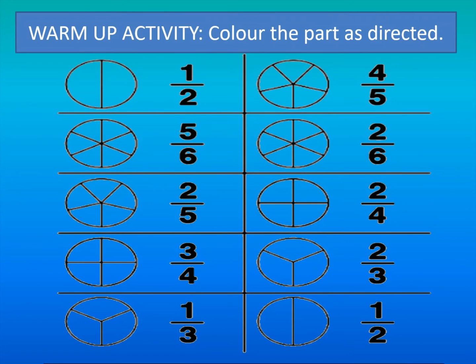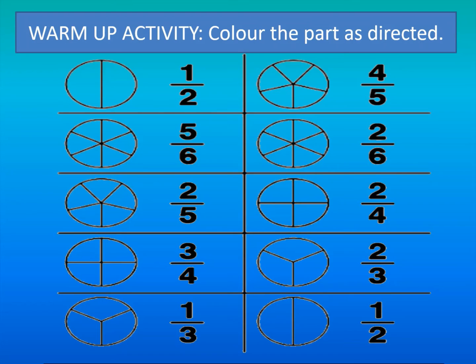Now here is a warm-up activity for you. You can do it in your notebook: color the part as directed. Suppose, for example, 1 upon 2. You have to color 1 part from the 2 parts. From 4 upon 5, you have to color 4 parts.